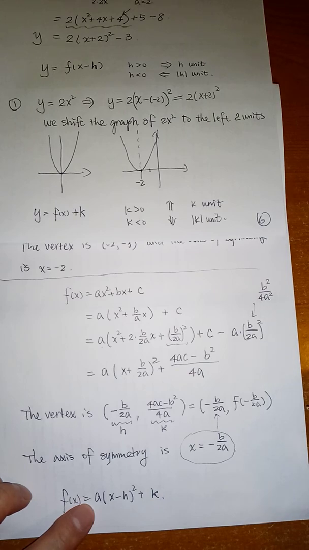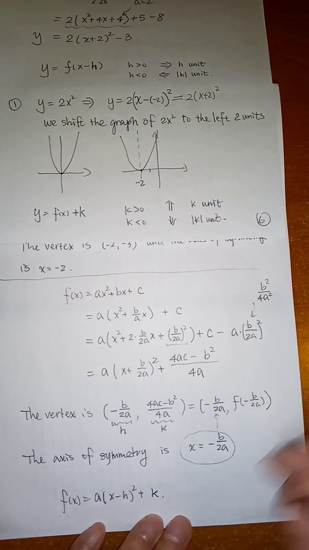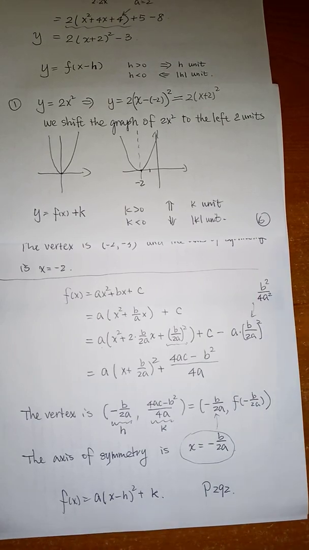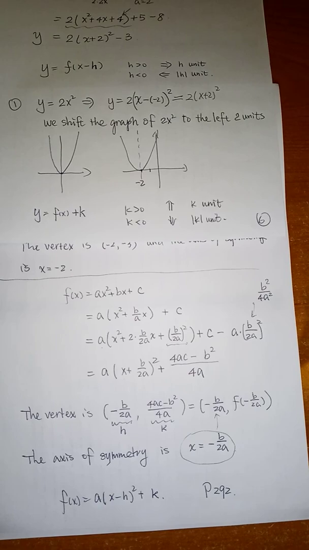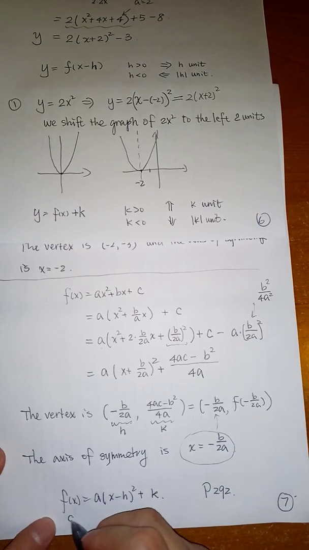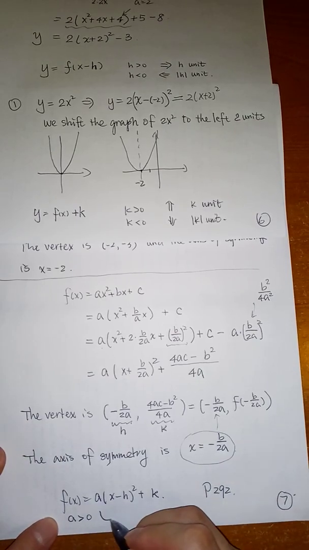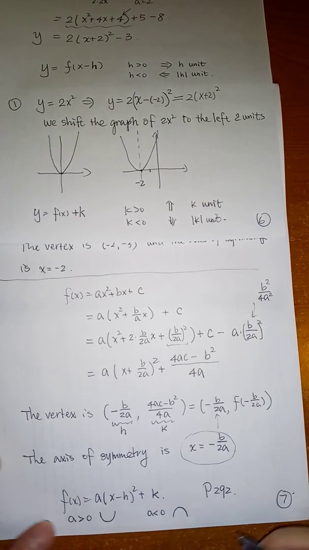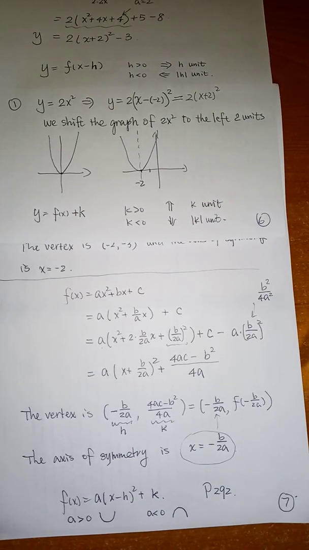A negative opens down. Okay? So the whole summary is on page 292. You can check that. Okay, let me write here. A positive opens up, a negative opens down.